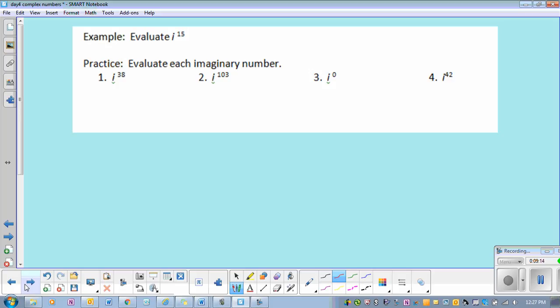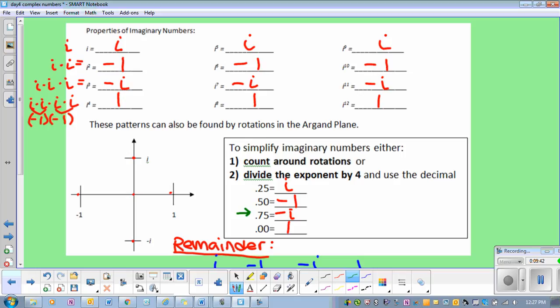So you would put in 15 divided by 4 in your calculator. What do you get? 3.75. Then you see this 0.75? That's this whole thing, so it's -i.